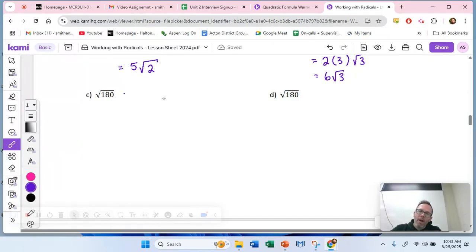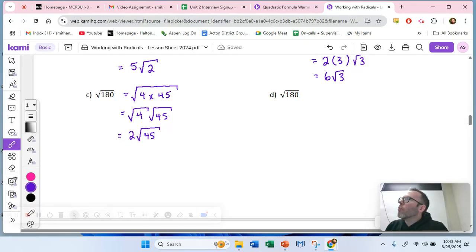So I'm going to write 180 as 4 times 45. Why 4? 4 is a perfect square. Why would I do that? Well, because then I can reduce using our cool property, the root of 4 times the root of 45. And this simplifies down to 2 root 45.